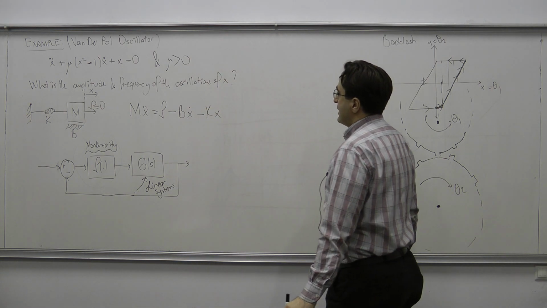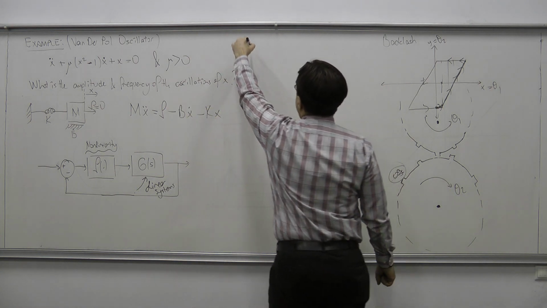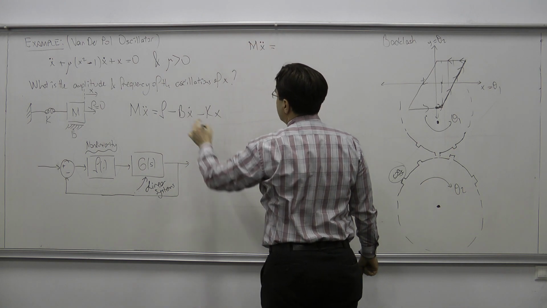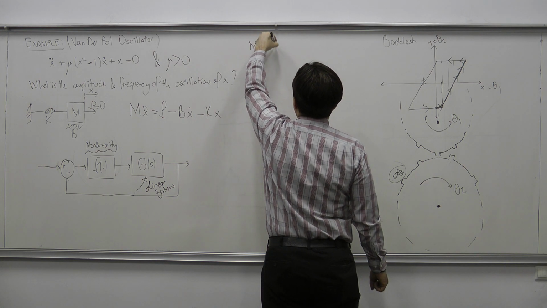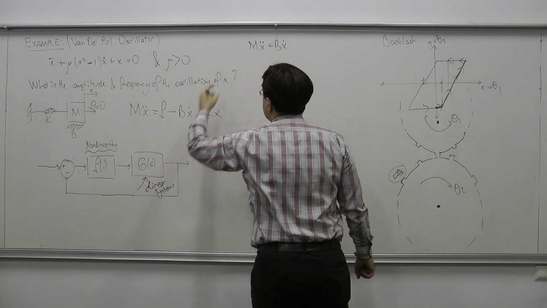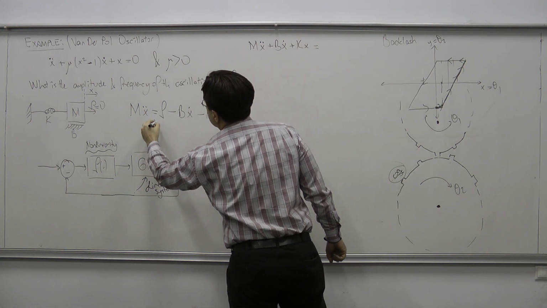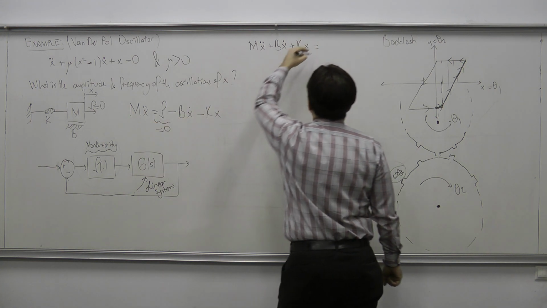Okay? And if I collect all of the x-related terms on one side, I will get m times x double dot plus b times x dot plus k x. And here I know that F is equal to 0. This is equal to 0. Okay?